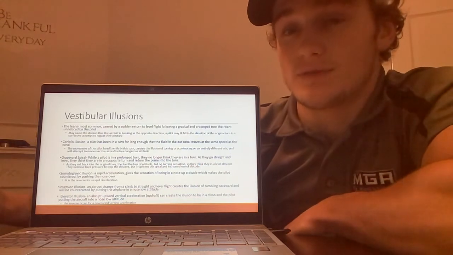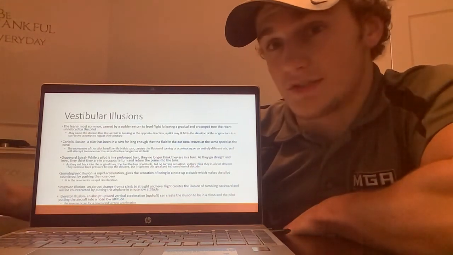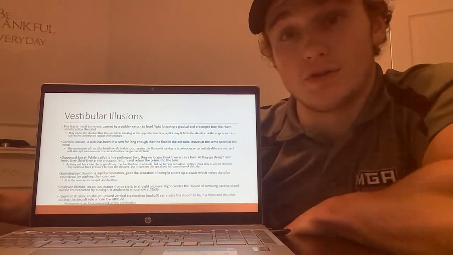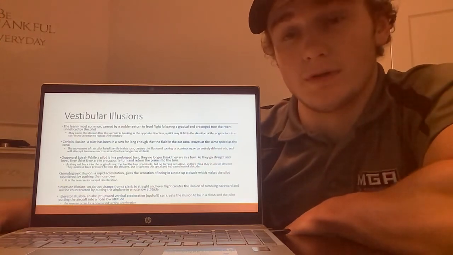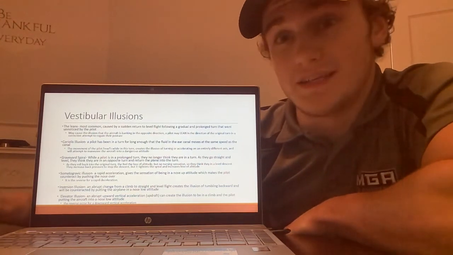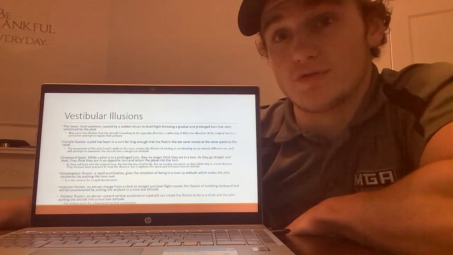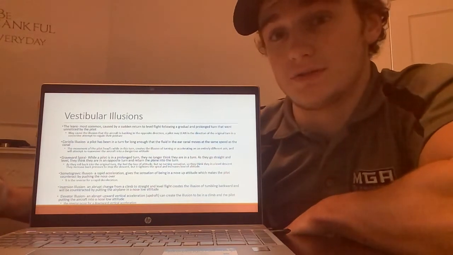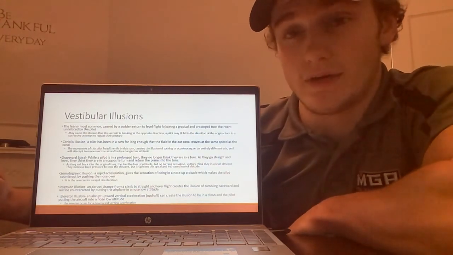You're still straight and level, but you'll feel nose up, so you'll want to push the nose over. The same goes for a rapid deceleration. It'll feel like you're in a nose down attitude, so you'll pitch the nose up into a high nose up attitude and a stall.